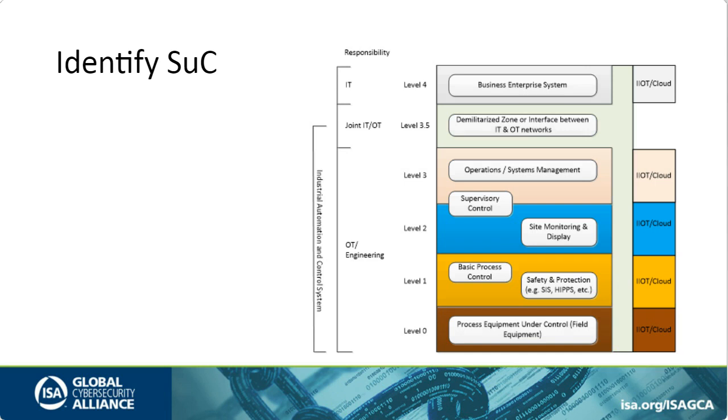The other main point out of this picture, it shows the IIoT, Industrial Internet of Things, and the cloud, and we've also broken that down into the various Purdue levels.